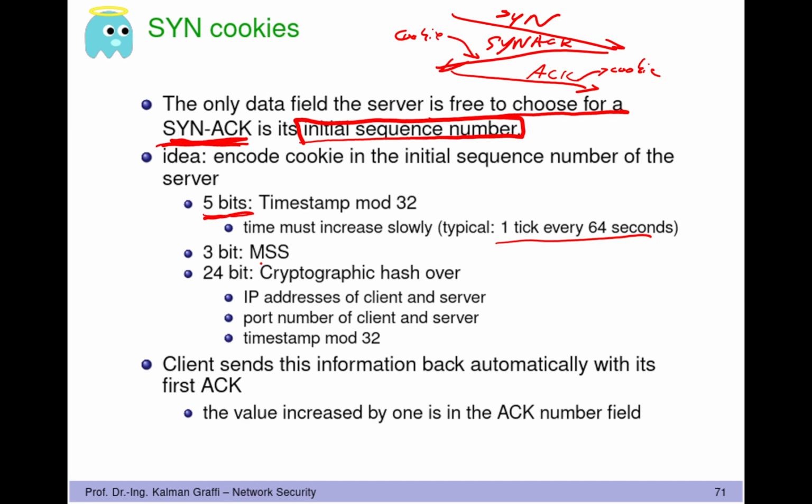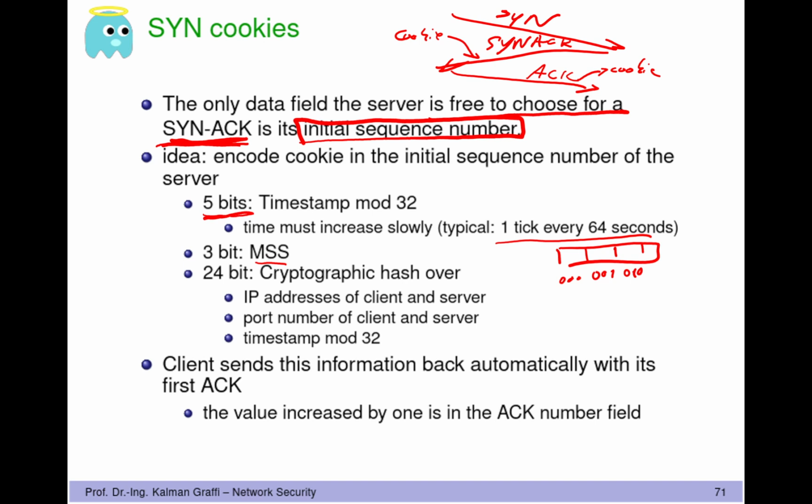The maximum segment size is how large the message can be in bytes. 3 bits, that's very, very small to encode in it, but let's say you have 512 as a basis, so 000 would be 512 bits, 001 would be 1 kilobyte, 010 would be 1/2 kilobyte.